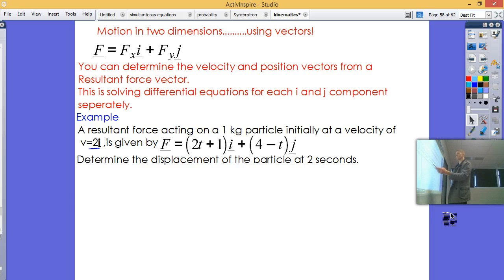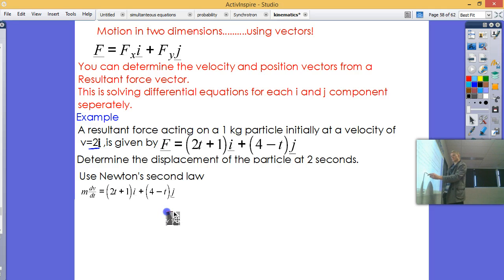Okay, all right. So use Newton's second law. We've set it up where we'll make the force equal to mass times acceleration. And now our v for velocity is not a normal velocity, it's now going to be vector velocity.